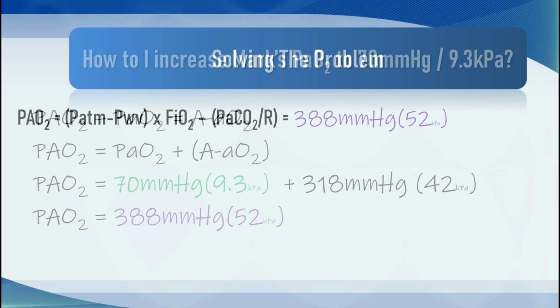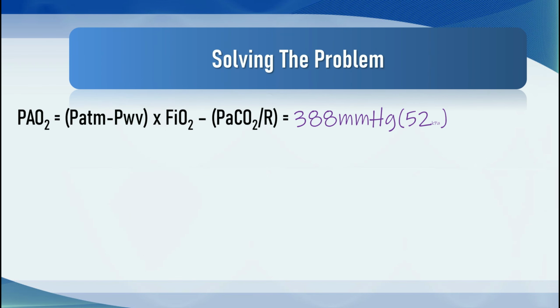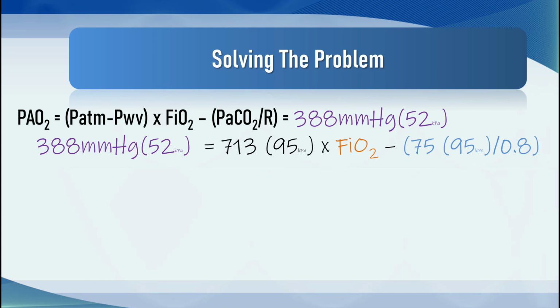So let's solve this problem. We need to go back to the alveolar gas equation, and this has been solved to provide an alveolar oxygen tension of 52 kilopascals or 388 millimeters of mercury. What we don't know is the FiO2, but we do know the PaCO2 and the respiratory quotient, and that provides us with 75 millimeters of mercury, 10 kilopascals.